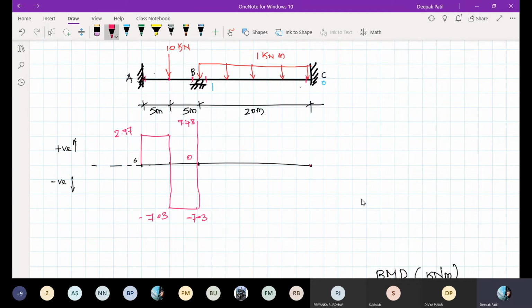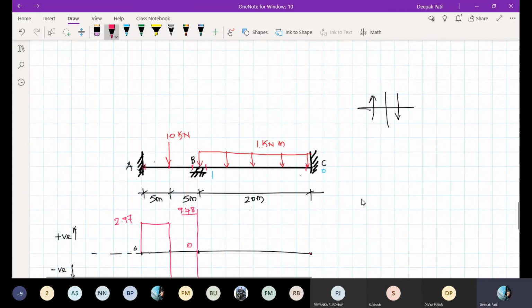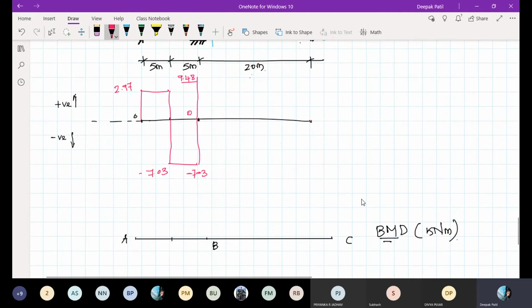It is simple: plus 9.48 minus 1 into 20 is your shear force at C. What I have done here is, from this positive shear force, I have deducted this total load, which is 1 into 20. So it is coming out to be minus 10.52. It means you have to come down here.